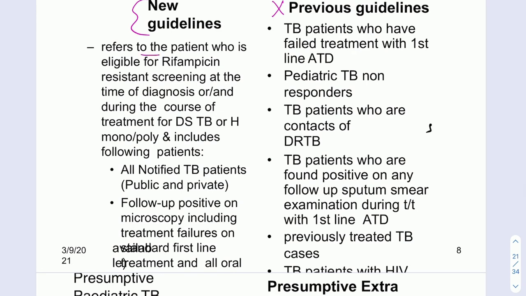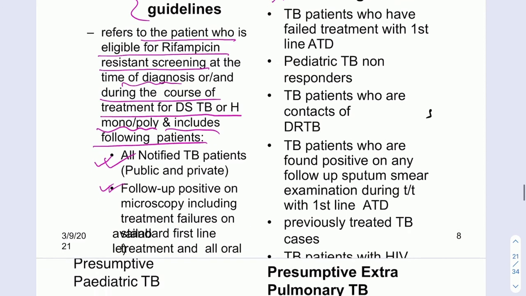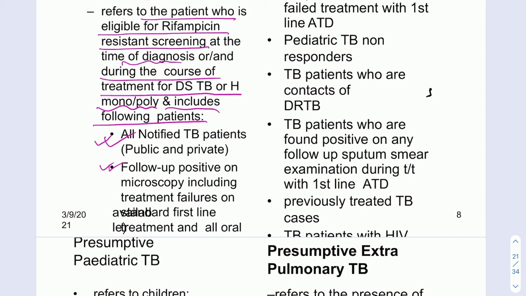It refers to the patient who is eligible for rifampicin resistance screening at the time of diagnosis itself, and during the course of treatment for drug-sensitive tuberculosis, or isoniazid mono or poly resistant, and includes the following patients: all notified TB patients, and follow-up positive on microscopy including treatment failure. Okay, now this is about the drug-resistant tuberculosis cases.